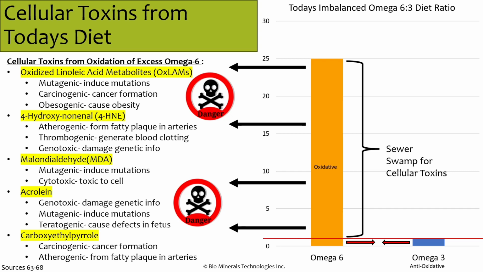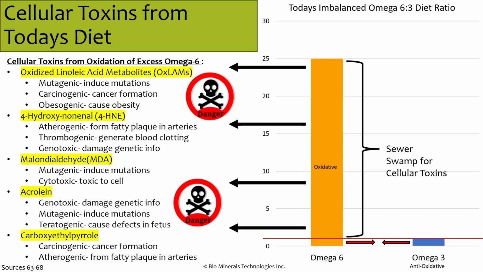Obesogenic is the cause of obesity. 4-hydroxynonenal is atherogenic, forming the fatty plaques in our arteries. Now, this has been blamed on cholesterol, and cholesterol is not the problem. It is the oxidized omega-6 within the LDL particle that is the problem. 4-hydroxynonenal is also thrombogenic, creating blood clots. It's also genotoxic. This is damage to your genetic information in your cells.